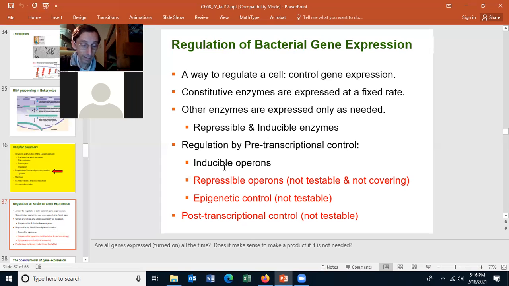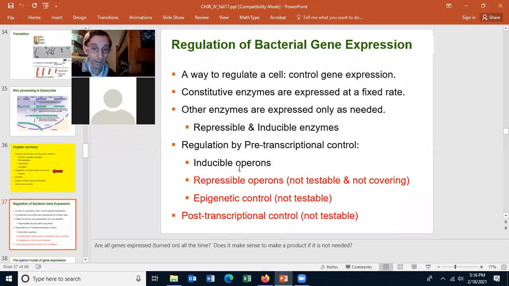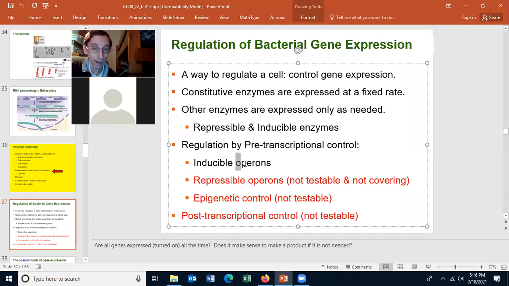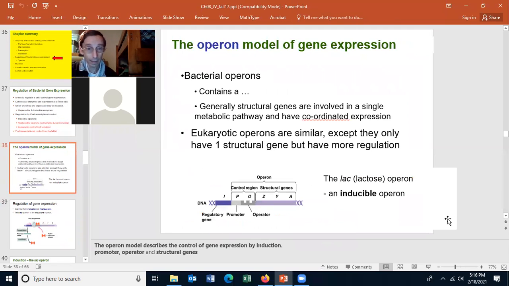So if the cell doesn't need an enzyme, why make it? It would be more efficient not to make it if you're not going to use the enzyme. And that is regulated by an operon, frequently by inducible operons, and we'll talk about an inducible operon.